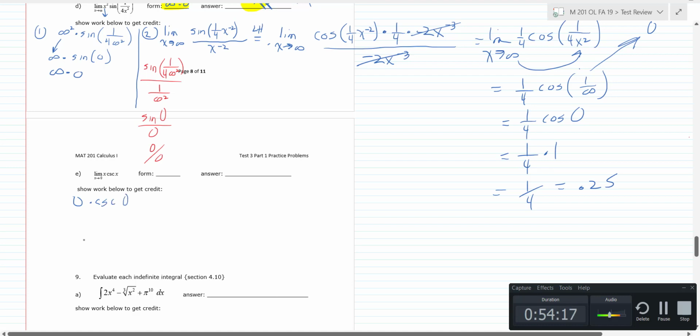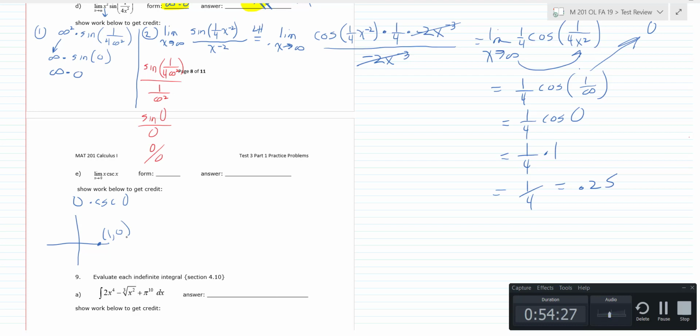Now, on a unit circle, 0 radians is the point (1, 0). So what happens on this then is we get this. Remember, the cosecant is r over y.